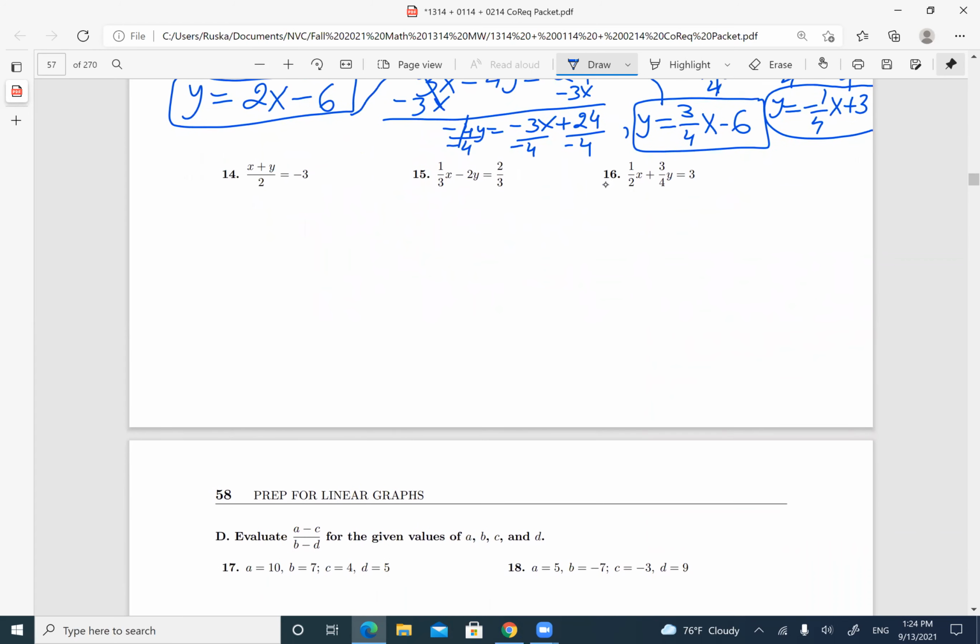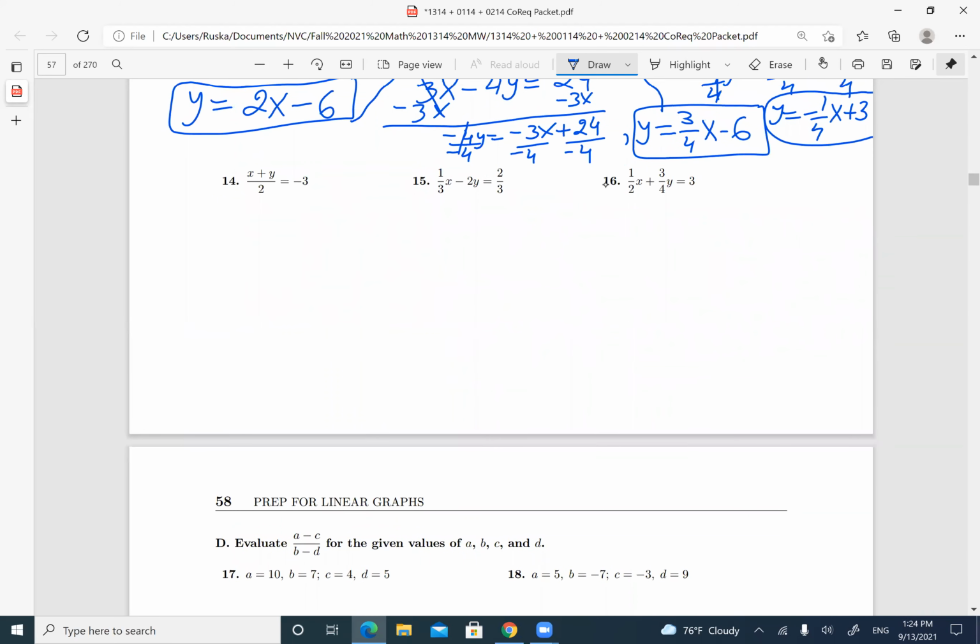Okay, and the rest of it is also fractions. So we have x plus y over 2 equals -3. So for number 14, in order to get rid of the fraction again, I have to multiply by the denominator. What is the denominator? 2, that's right. So you're going to multiply by 2 on both sides. So we have x plus y over 2.